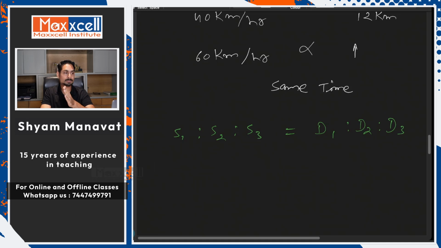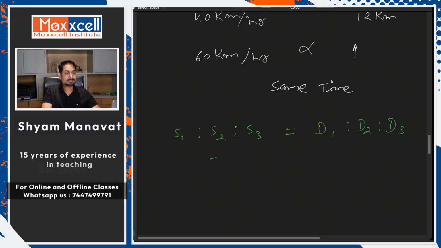Because they are directly proportional, S1 is to S2 is to S3 equals D1 is to D2 is to D3. If you are not understanding this ratio or proportion, then you have missed my video on ratio and proportion. Please go through that playlist once again.